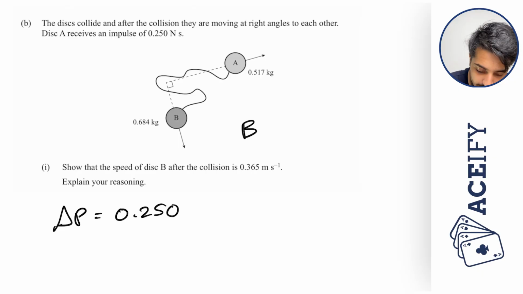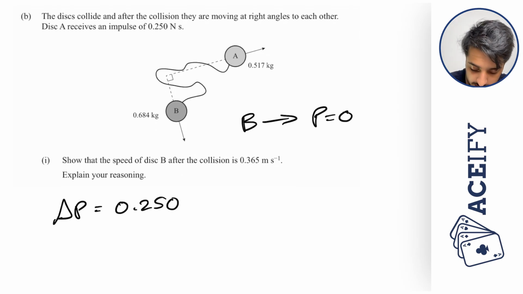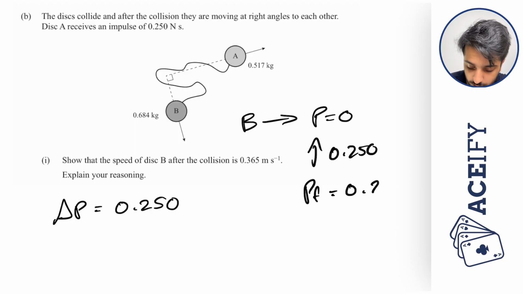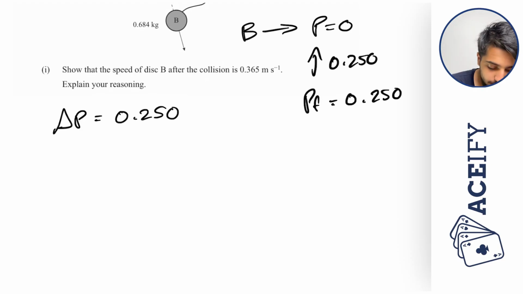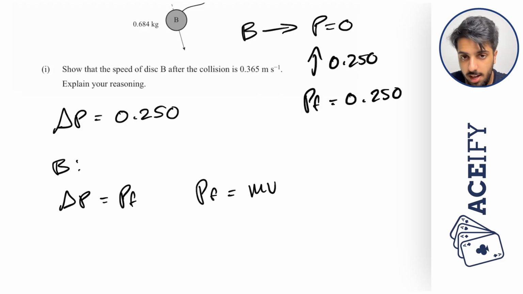Now because B had a momentum of 0 initially, its change in momentum is going to be the same as its final momentum. Because if it's 0 initially and then it increases by 0.25, then its final momentum must be equal to 0.250, right? And so therefore we can say that for B, the change in momentum is equal to the momentum finally. And so, as we know, the momentum finally is equal to mass times velocity, as always.